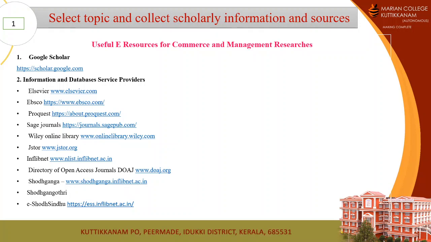The first step in literature review is select a topic, and then you need to identify and collect scholarly information and sources. So you need to begin a literature review with clearly defined or a well-focused research question.